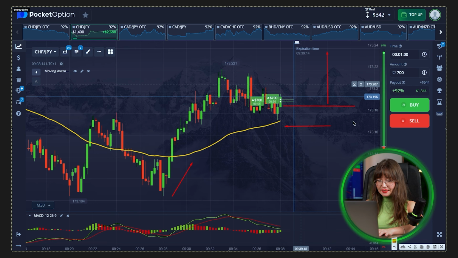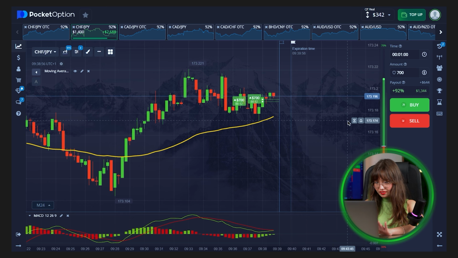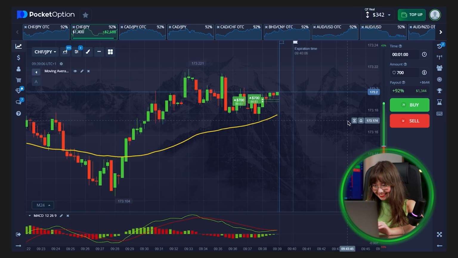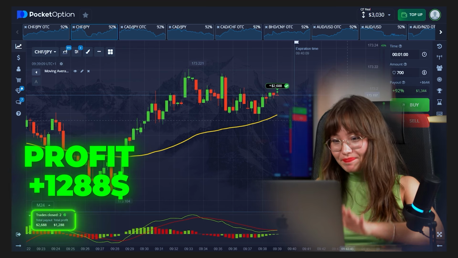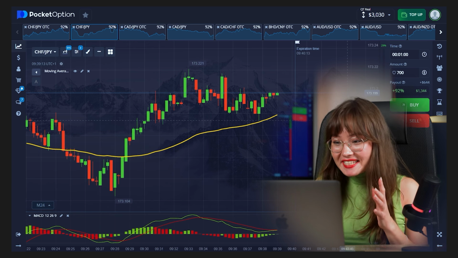Let's see how it plays out on the chart. Wow, there it is. Perfect! Both trades closed in profit. Amazing!